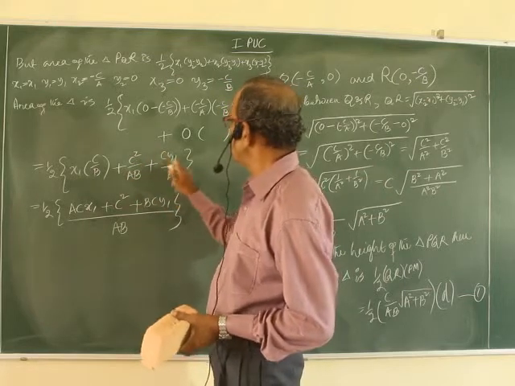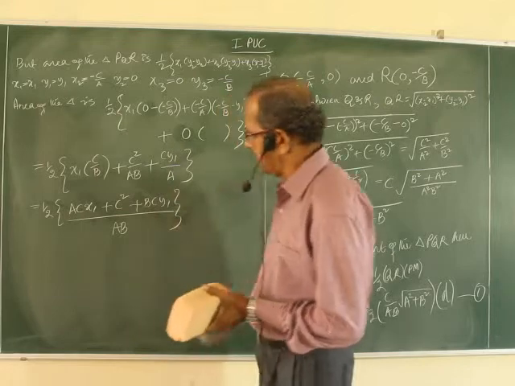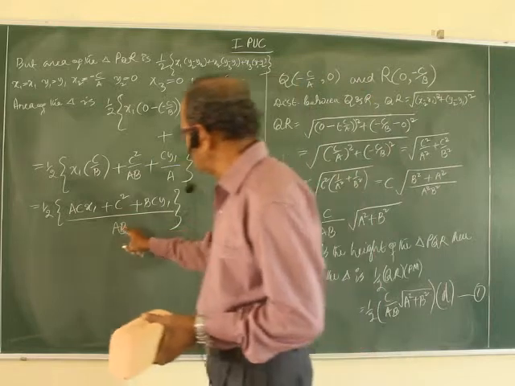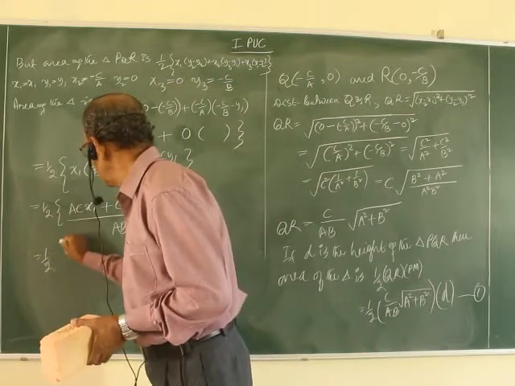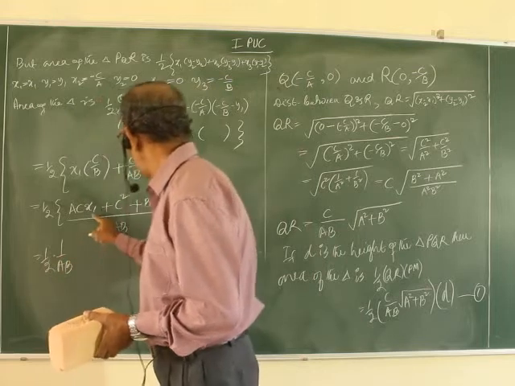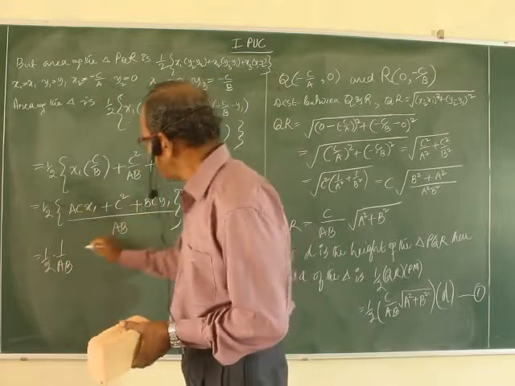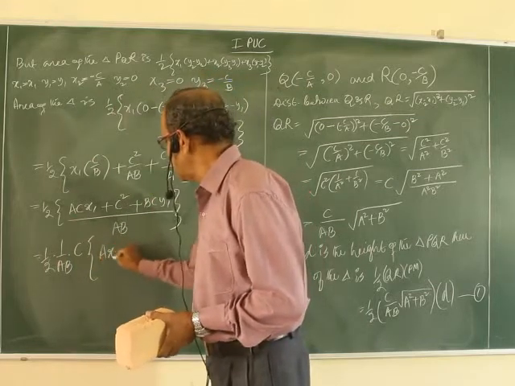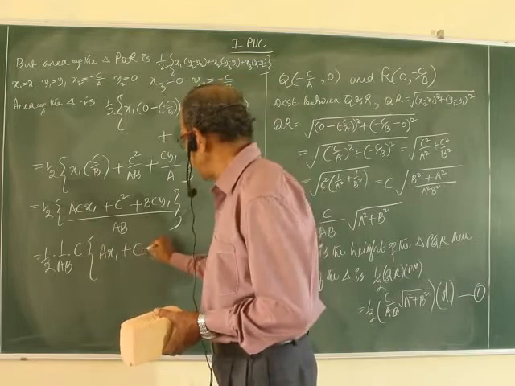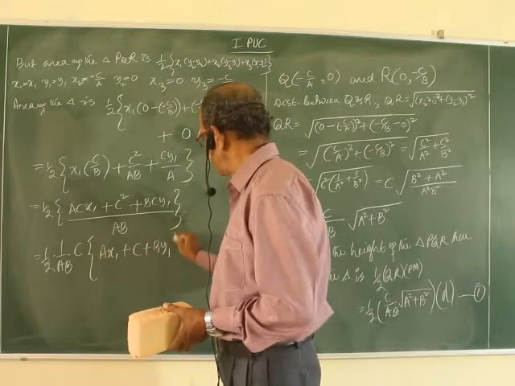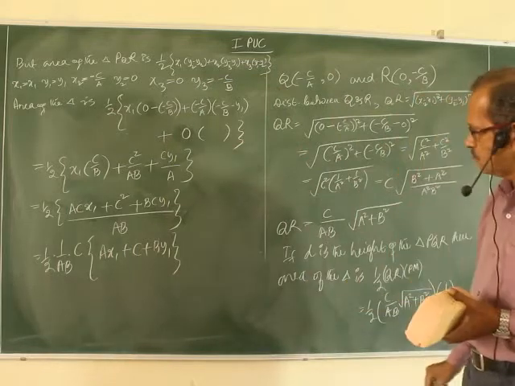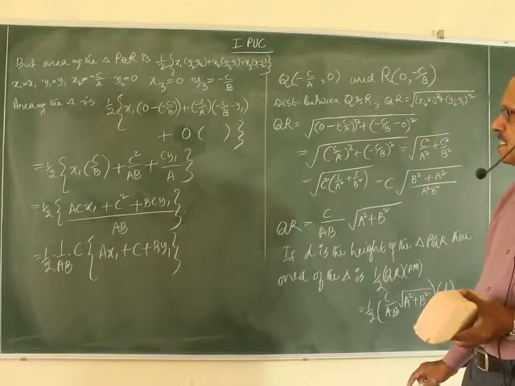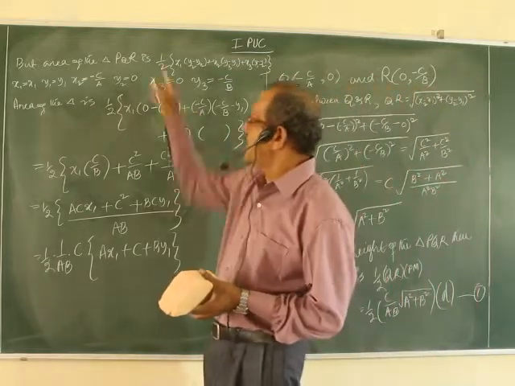Here a, so multiply numerator by b: b c y1, correct. Or you can remove this ab outside, half into 1 by ab outside. Also you can observe that c is the common factor: c into (a x1 plus b y1 plus c). Correct, no? It is area of the same triangle using another formula.